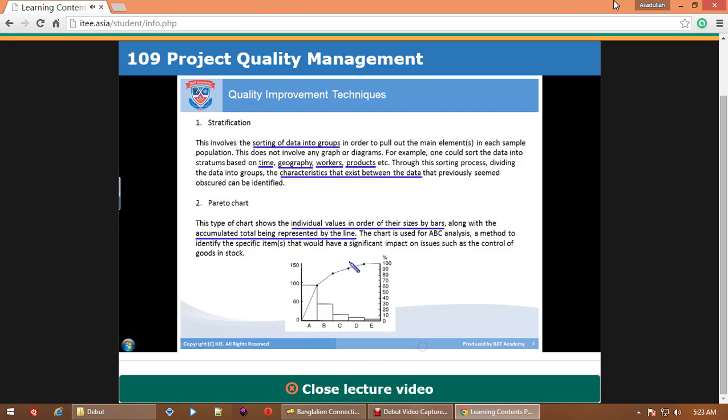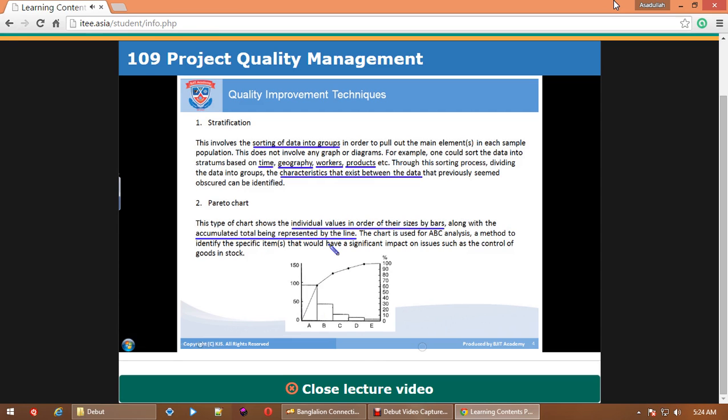So for example, in this Pareto chart, the largest value is item A. So this is shown first, then B, C, D, E, and the accumulated total of AB is shown here. Similarly, ABC is shown here, ABCD is shown here, and so on.